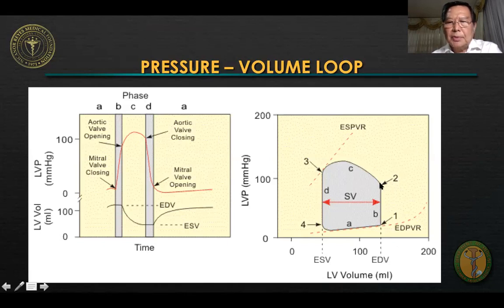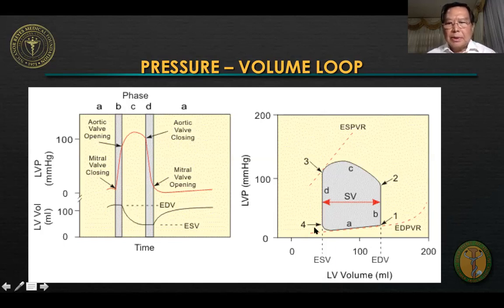And over here is the opening of the aortic valve, so that now blood gets out into the aorta, and the volume inside the left ventricle drops. So there is a drop in your left ventricular volume, and you reach some peak systolic pressure over here, right? And somewhere in this area, the aortic valve closes, and this is followed by the phase of isovolumic relaxation, meaning there is a drop in your LV pressure without change in your volume, right?